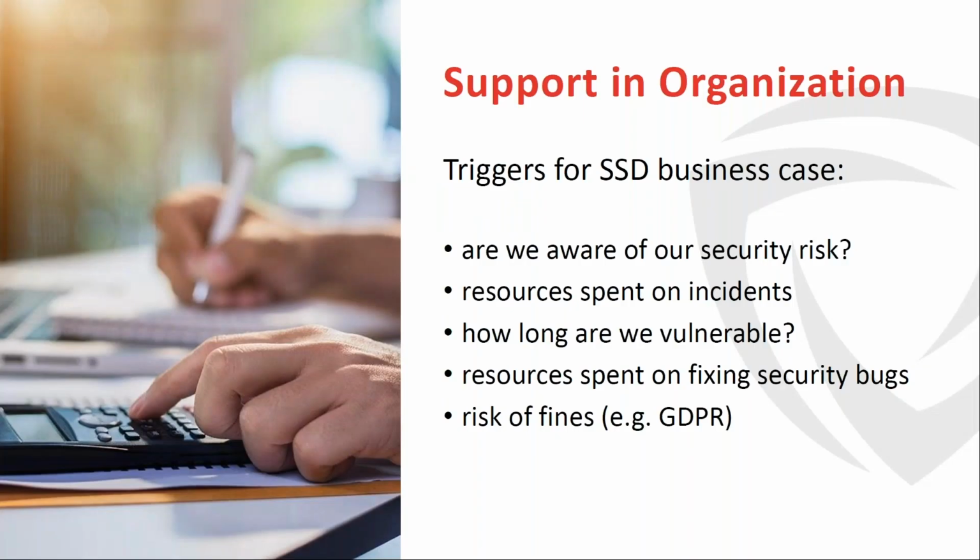So to get support in your organization, you want to have support on all levels. You want to have it from the software builders, the product owners, whoever is involved. And that can be difficult. And perhaps the most challenging is to get support from higher management. And for that, you may need to make a business case for the secure software development investment. Does it pay off to invest in security?